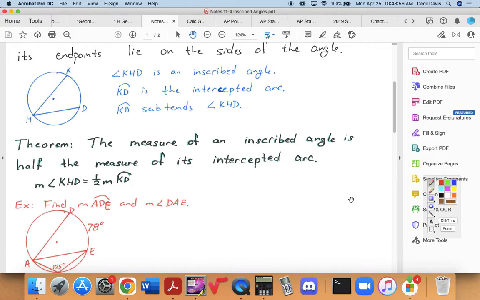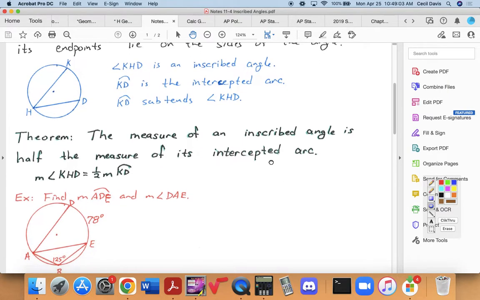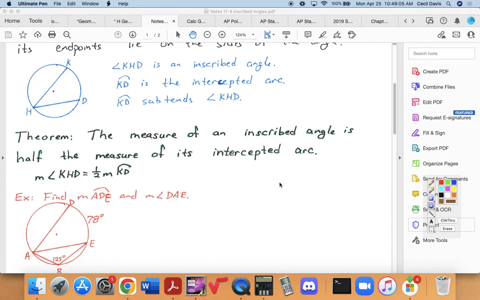Real quickly, let me show you why that's true. Again, you do not need to copy any of this down, but I just want to show you real quickly why that's true. So if I've got a circle, and it works easiest if you have a diameter. So let's say the measure of this is x.